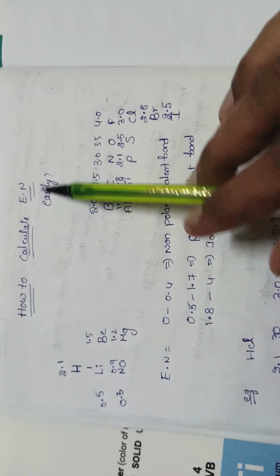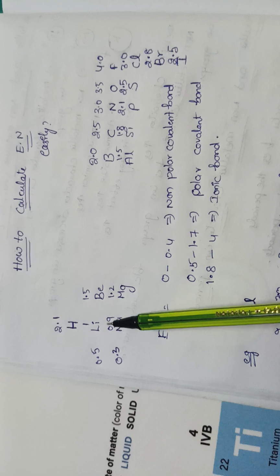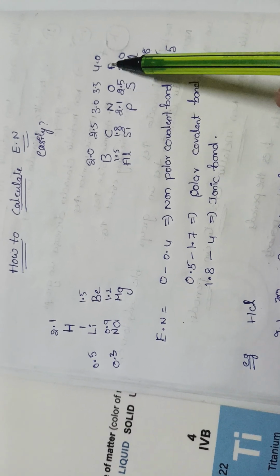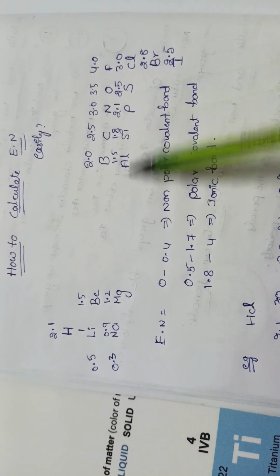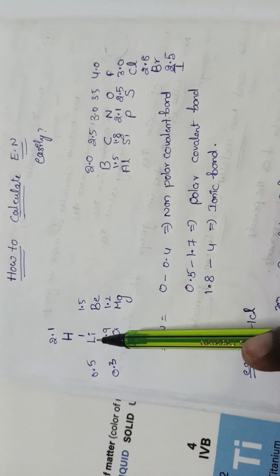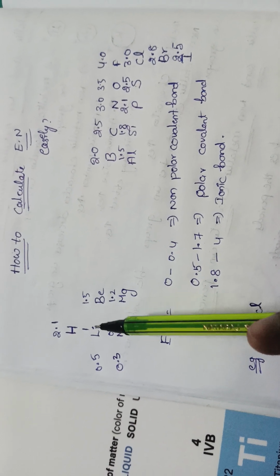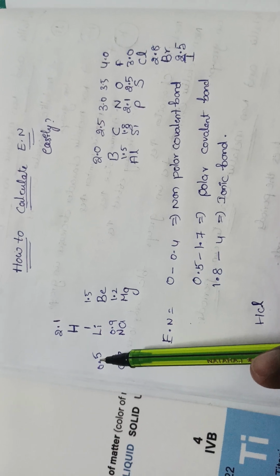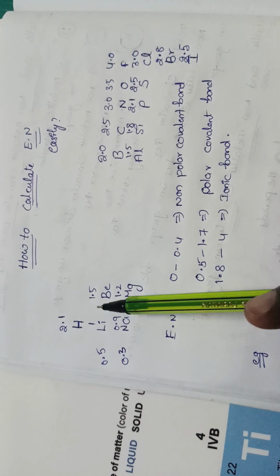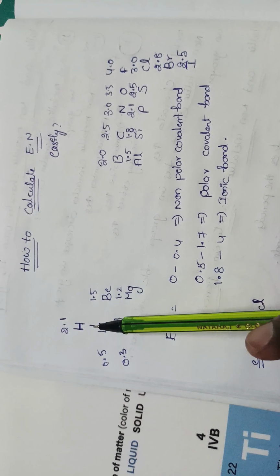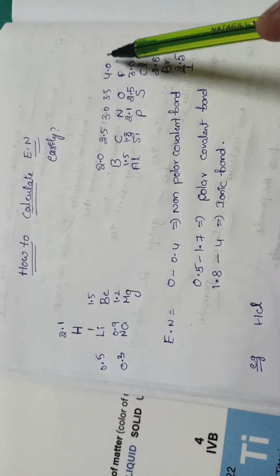And a tricky way to calculate electronegativity: take hydrogen, lithium, beryllium, boron, carbon, nitrogen, oxygen and fluorine, then sodium, magnesium, aluminum, silicon, phosphorus, sulfur and chlorine. Lithium has electronegativity 1, and by increasing 0.5 each time we get 1.5, 2.0, 2.5, 3.0, 3.5, 4.0.